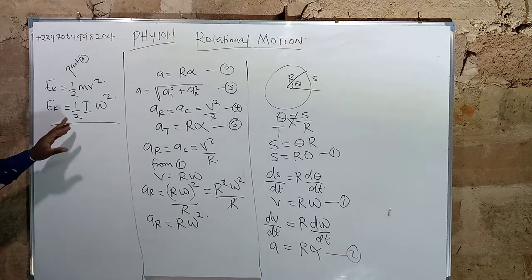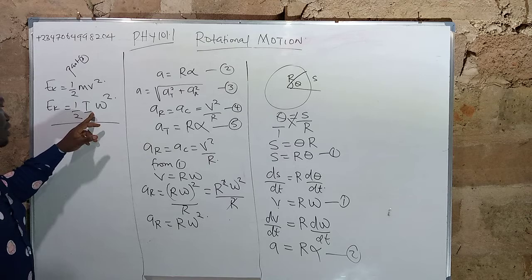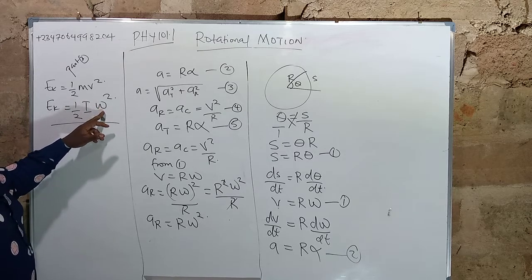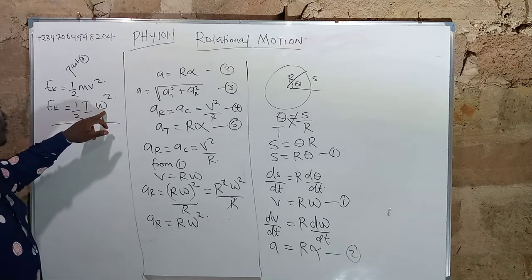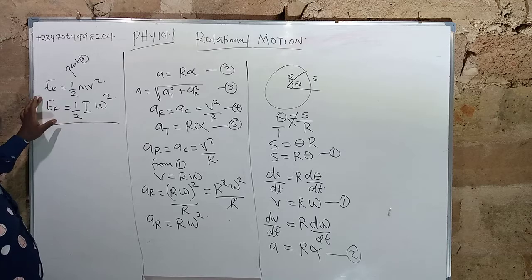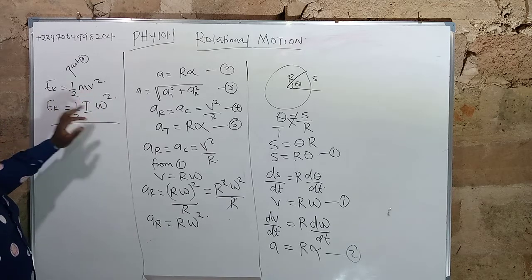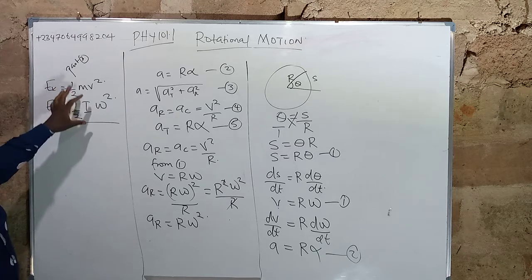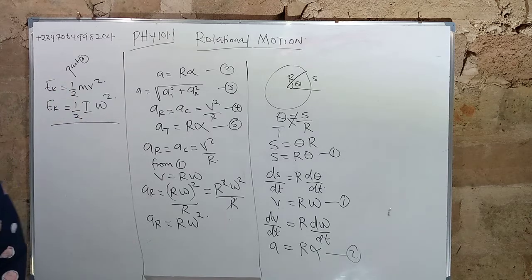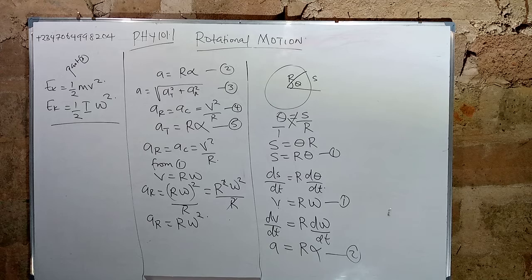Because there will be a question where they give you the moment of inertia and the angular velocity and ask you to calculate the kinetic energy. You'll wonder, where is my mass? Where is my velocity? Of course, they're talking about rotational form. So here's the formula. I wanted to point it out. Now let's continue with the example proper. Enough of this formula proving.